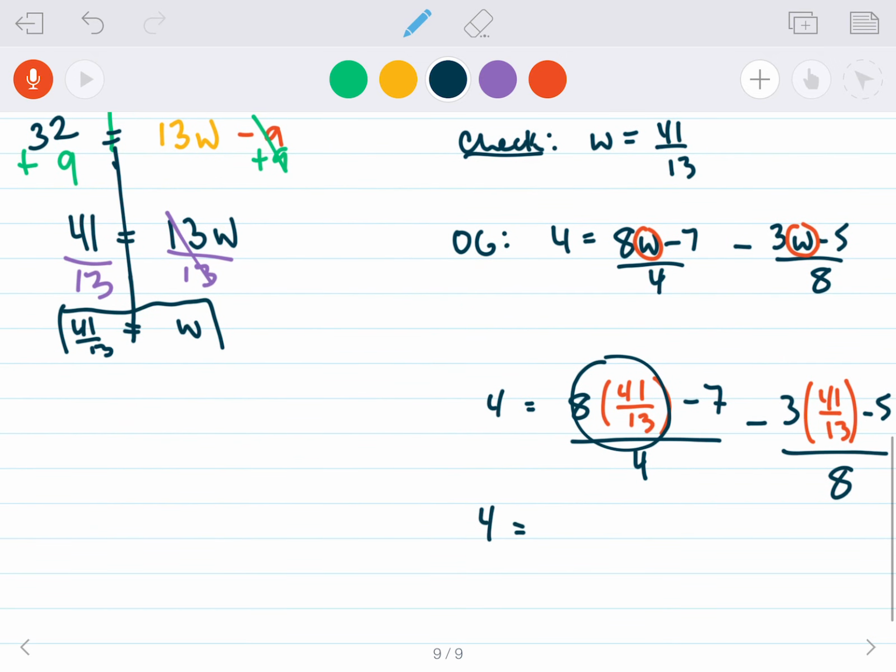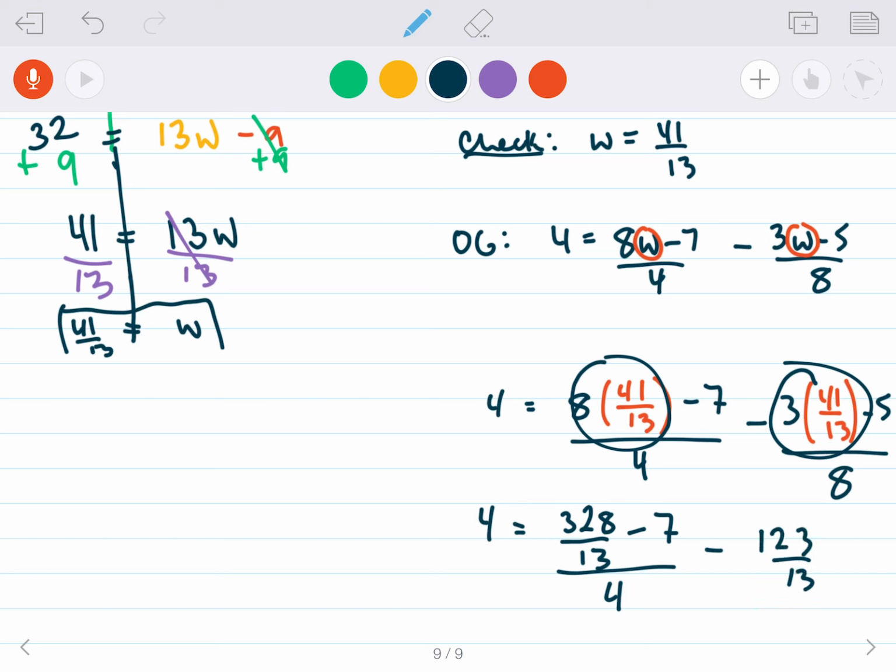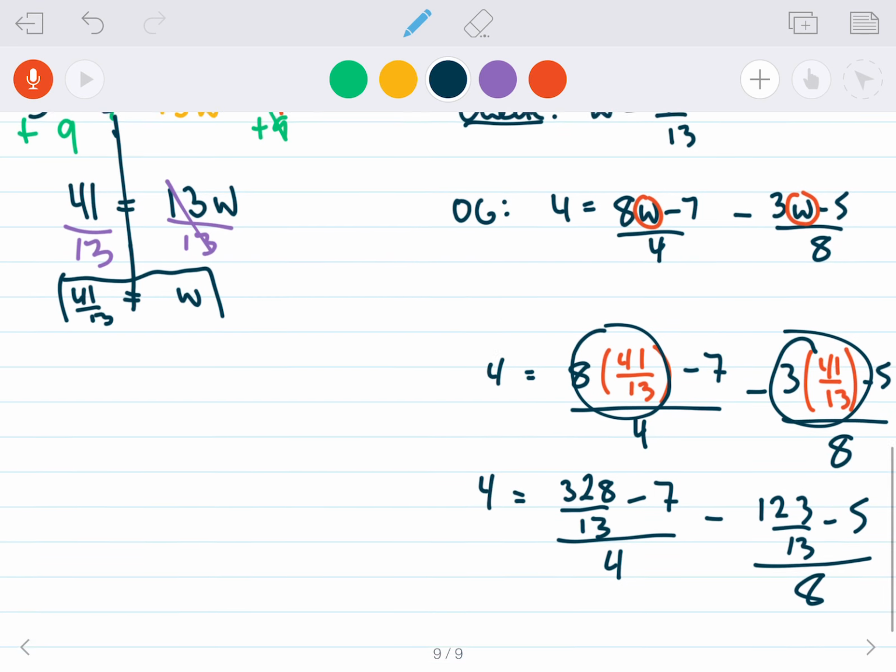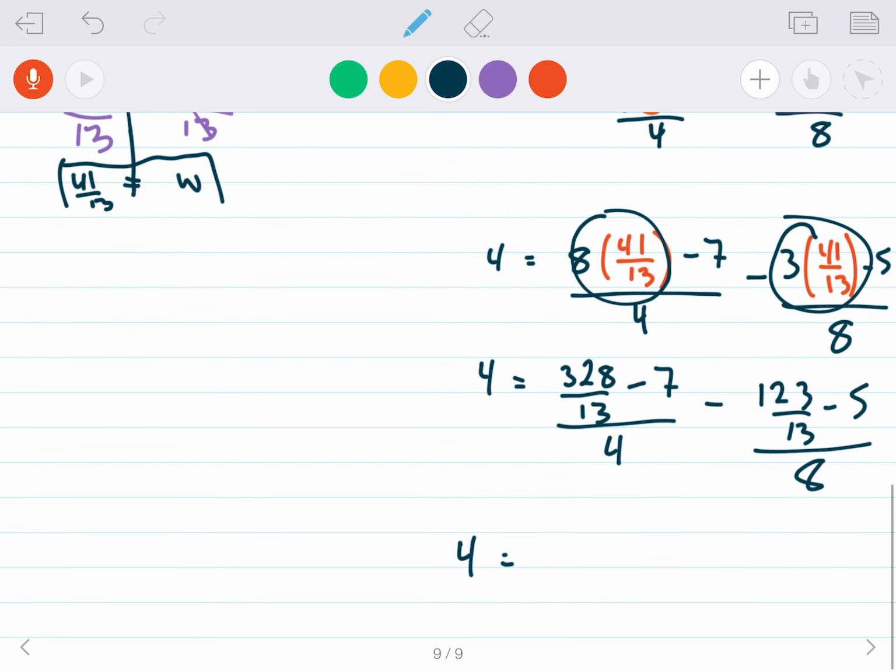I get 328 over 13 minus 7, all over 4, minus... Then 3 times 41 is 123 over 13 minus 5, all over 8. I'm using my calculator, to be honest, because I don't feel like finding common denominators. So you can as well.